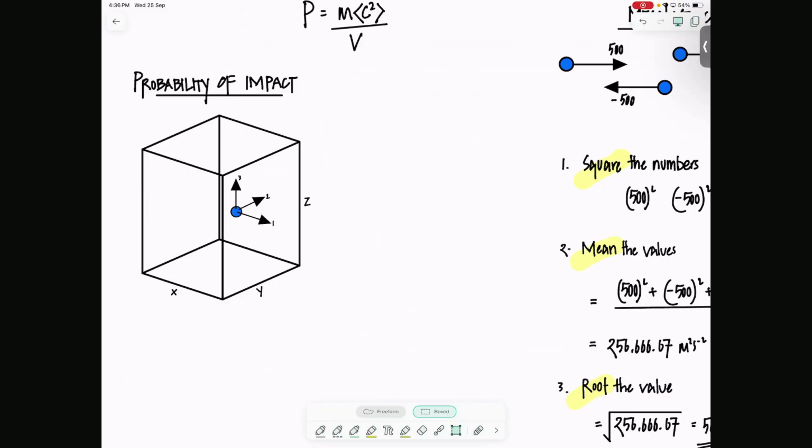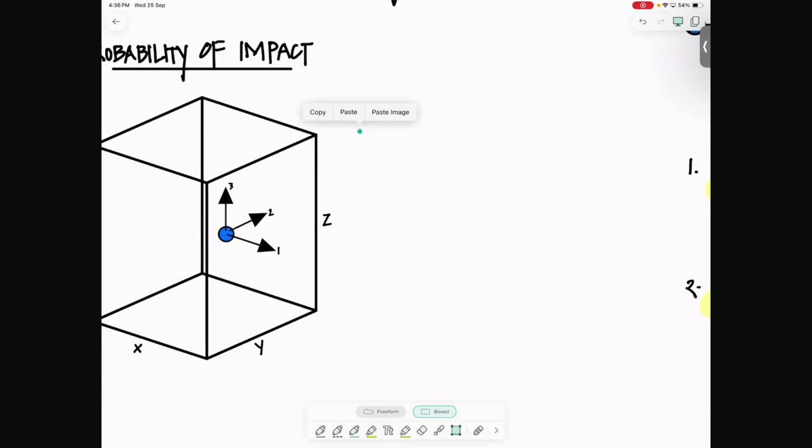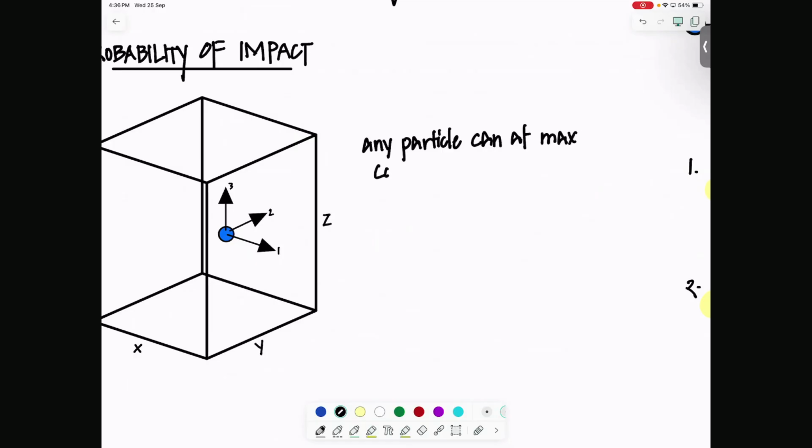So it means that any particle can at max collide with only 1/3 or 2/6 of the faces.